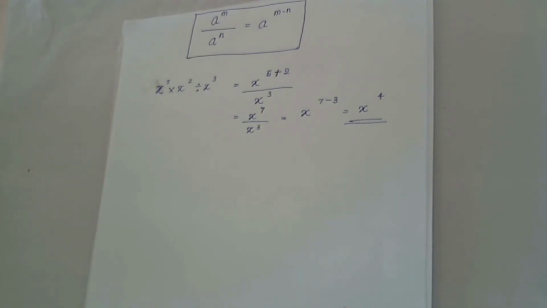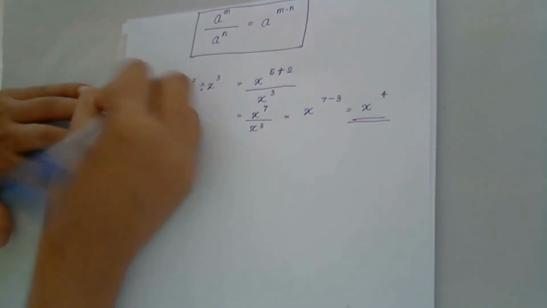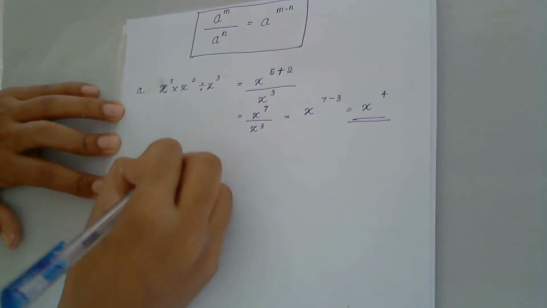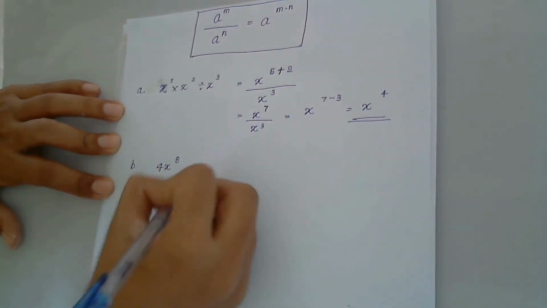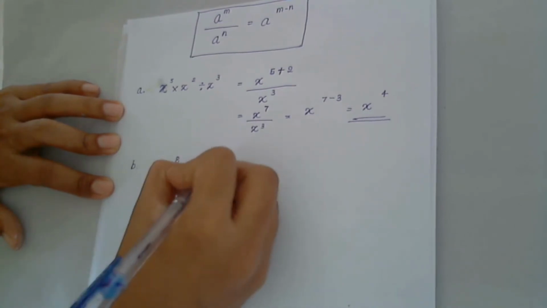Now let's see the second example. This is example A. 4x to the power 8 divided by 2x to the power 2.